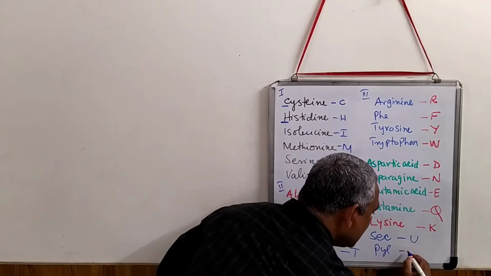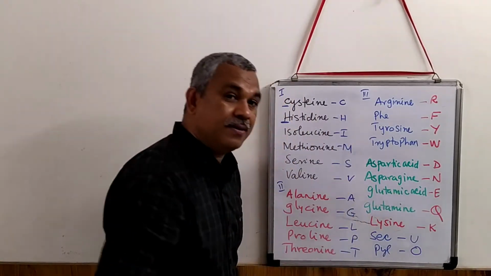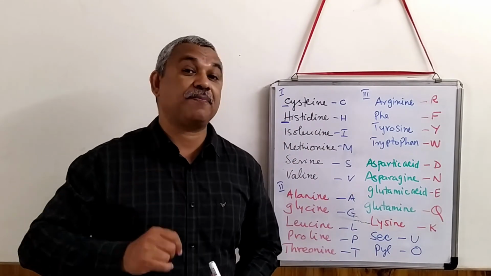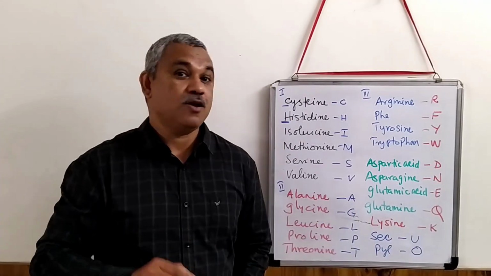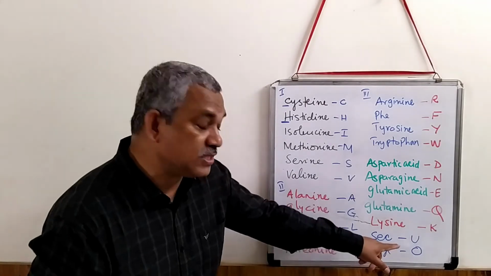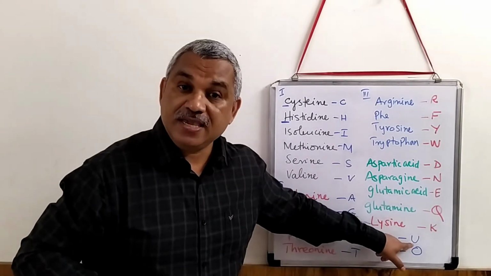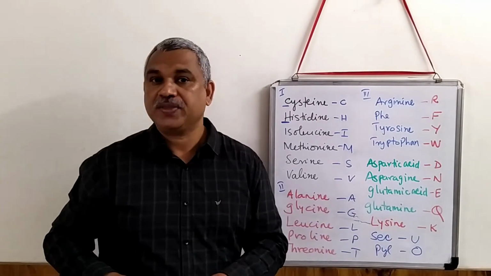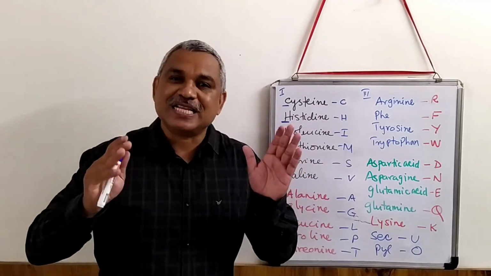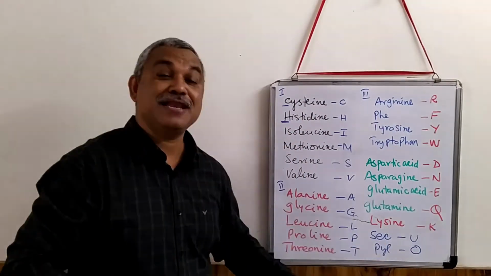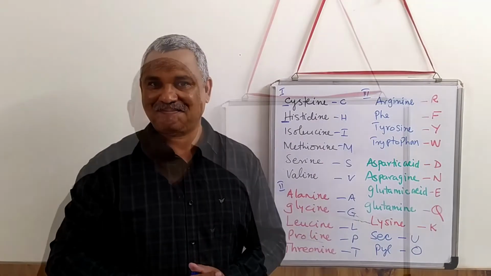Pyrrolysine is given the letter O. In the 1968 nomenclature, these two letters were avoided. Why? Because when handwritten, U looks like V, and O looks like Q. Therefore these two letters were avoided, and this is the format currently accepted for naming using the single letter code of amino acids.